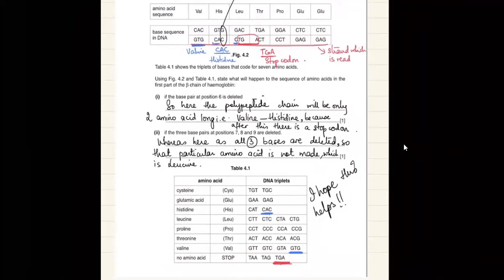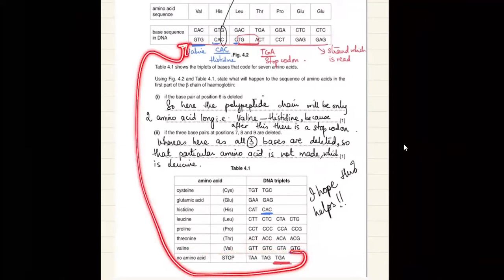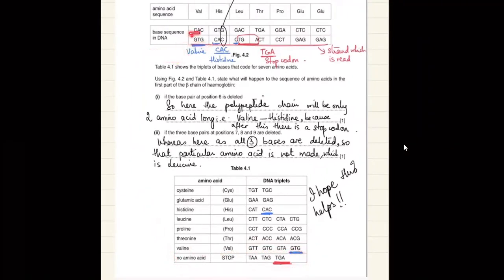Redundant का मतलब ये है कि more than one triplet of bases can code for the same amino acid. इनमें से जो यहाँ पे मौजूद है वो GTG है. Since it's GTG, this means this strand is the readable strand. This strand is not the readable strand. Are you getting this?